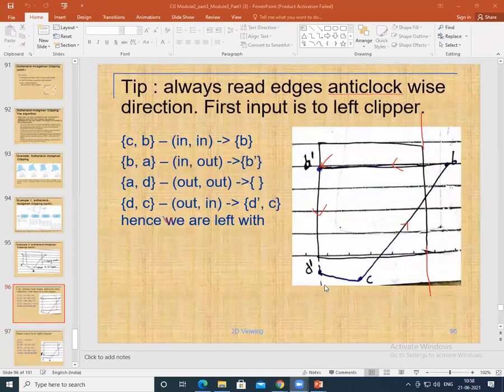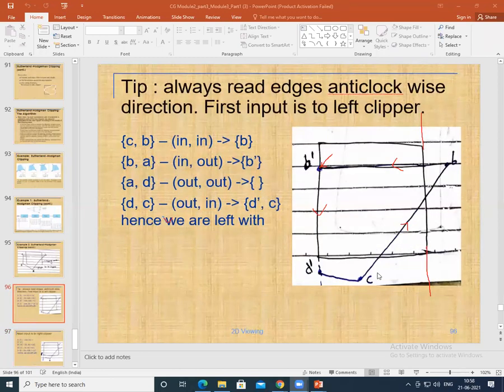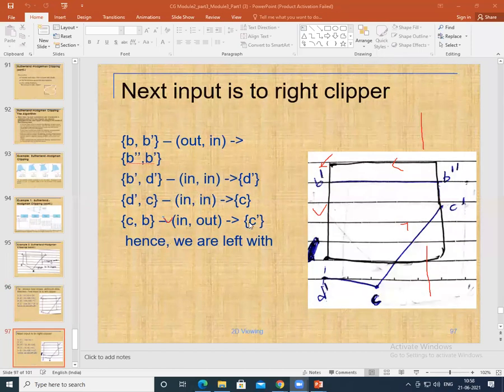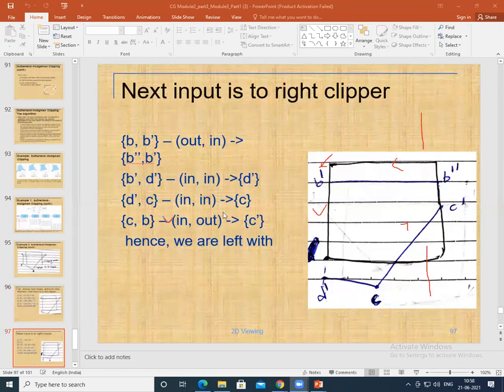Clear? From this diagram, try to understand CB. This is the diagram after clipping we are getting. When you have CB, in-out, you have to take C bar. Similarly, D bar C is completely in, so you have to take C, the second intercept. This is as per the steps that we have defined.